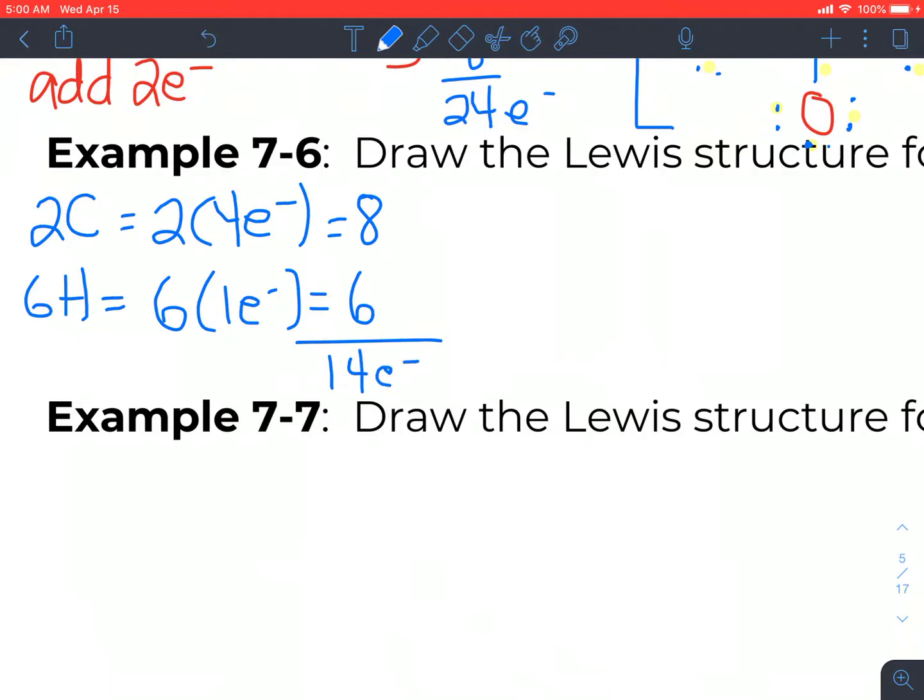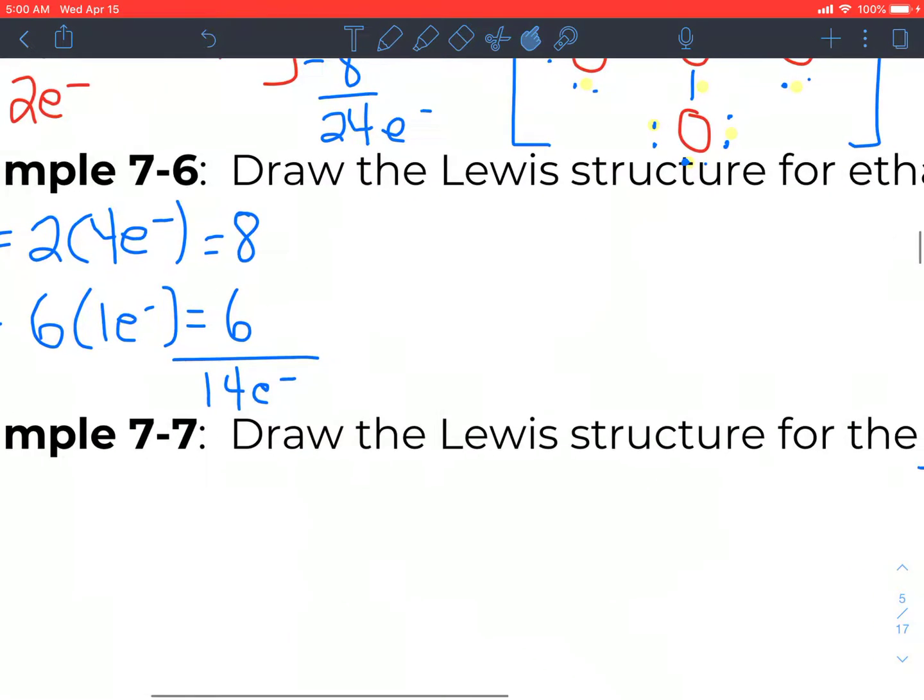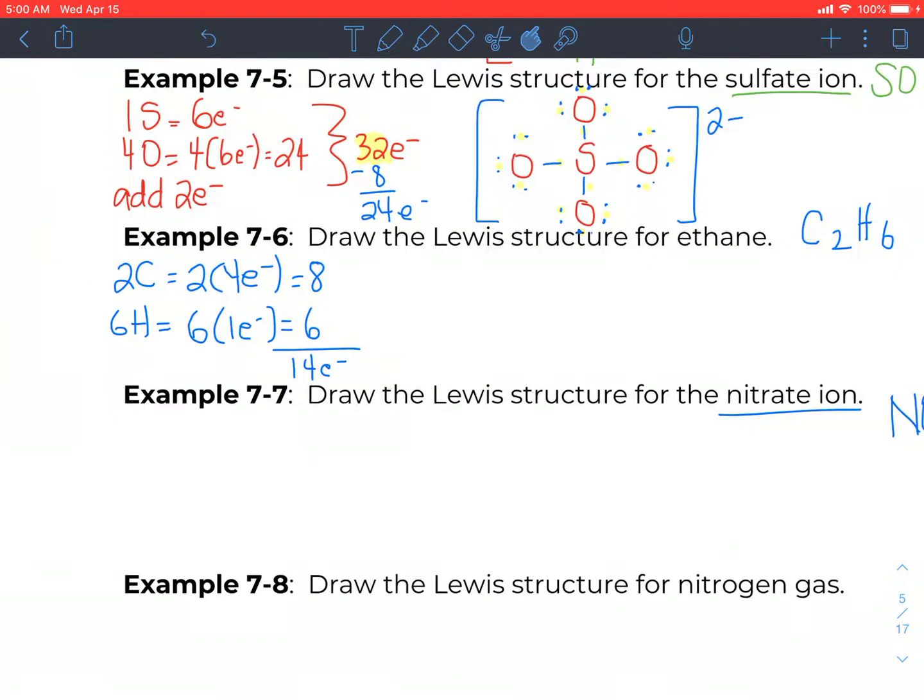Okay, so now here is a little bit of a weird structure. Because there's 2 carbons present, anytime carbon is present, carbon's always going to be in the middle. So for a hydrocarbon like this, we're actually going to put 2 carbons and connect them. And then we're going to distribute the 6 H's around each of the carbons.